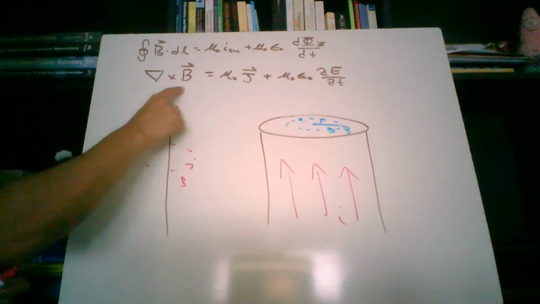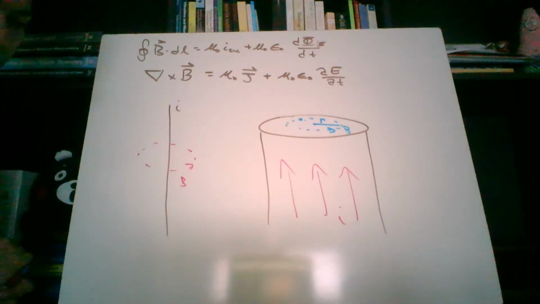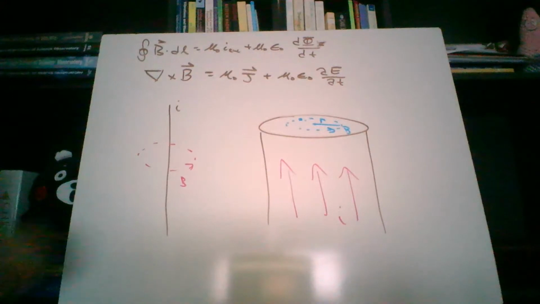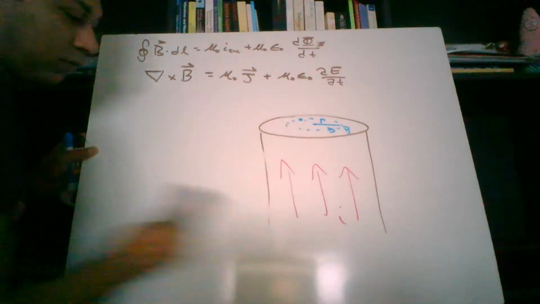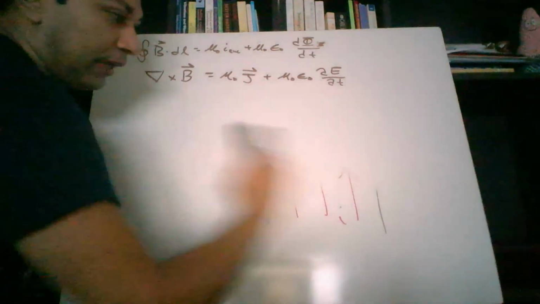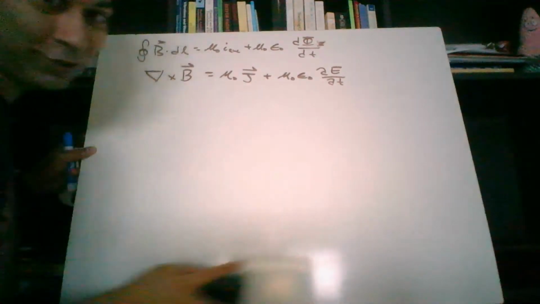So this right here is called the curl of B. The curl of B. What does that mean? Now there is a mathematical way of interpreting the curl, and then there's the physics way of interpreting the curl.